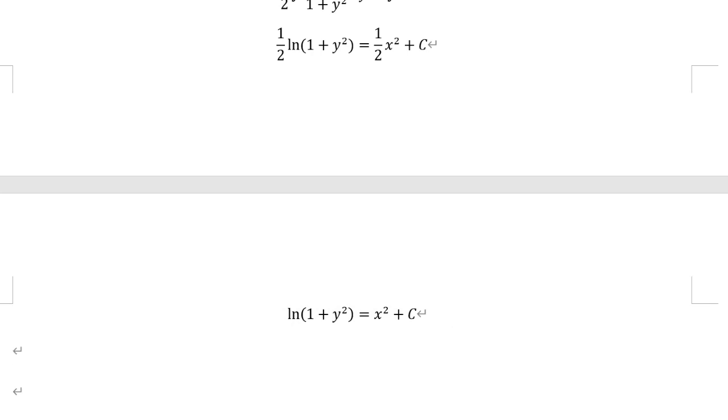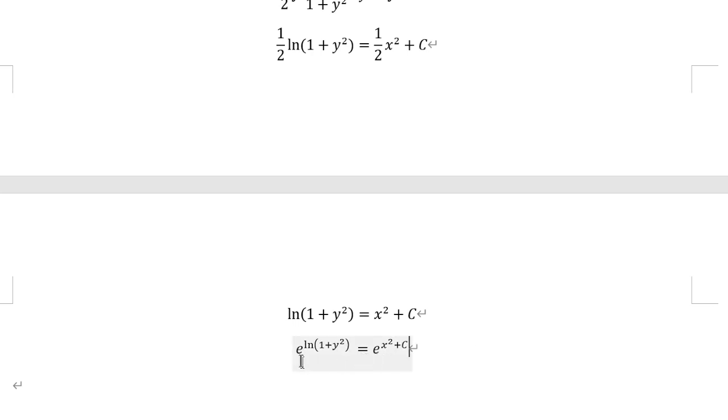To get rid of the ln, we take the exponentiation of both sides. We put e as an exponent on both sides, and the right side is x squared plus c.